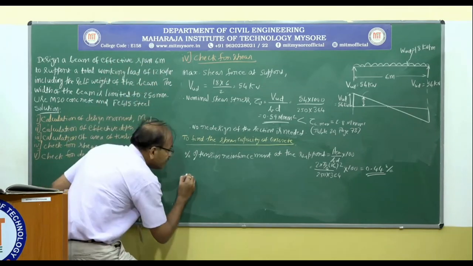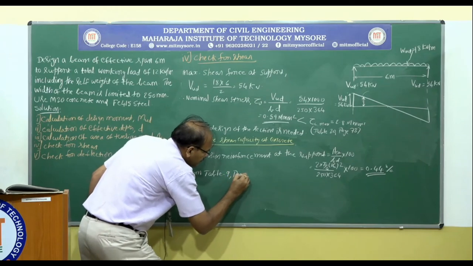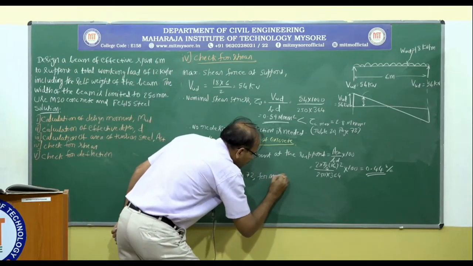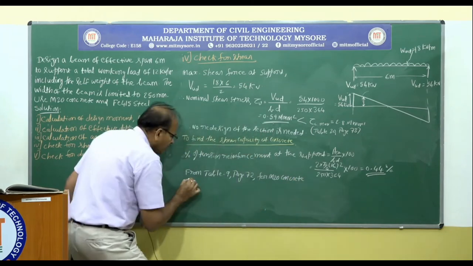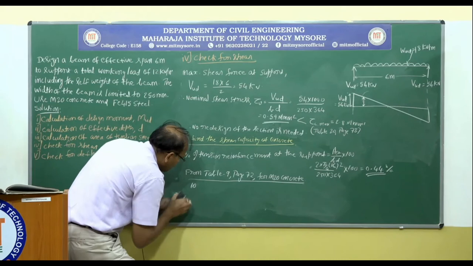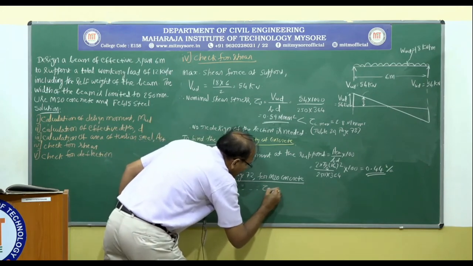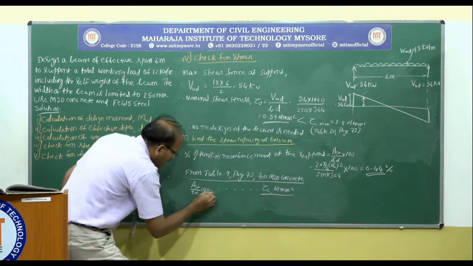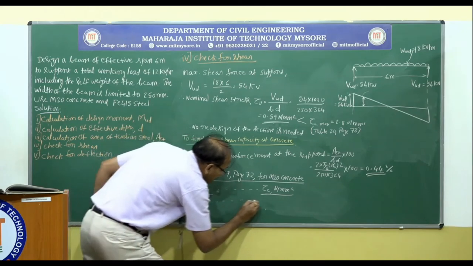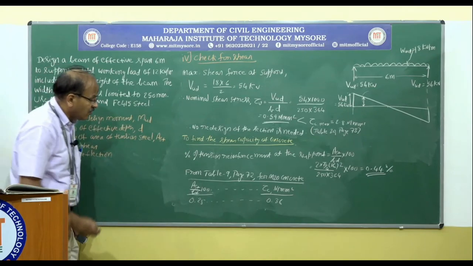Okay. From table 19, page 73, for M20 concrete, for 100 AST by BD and tau C in Newton per millimeter square, for 0.25% steel, shear capacity of concrete is 0.36 Newton per millimeter square, that is shear strength of concrete.